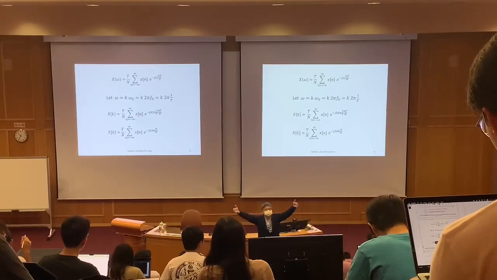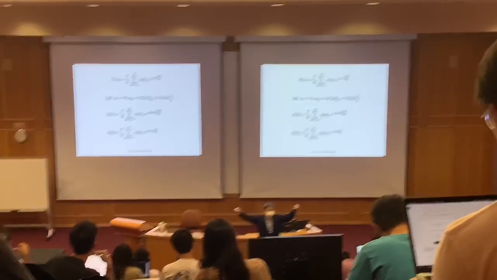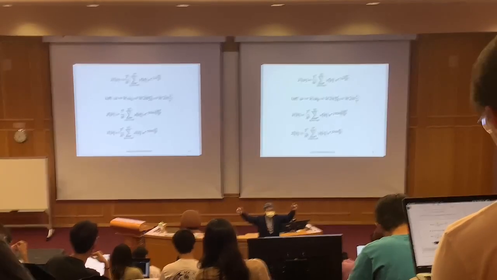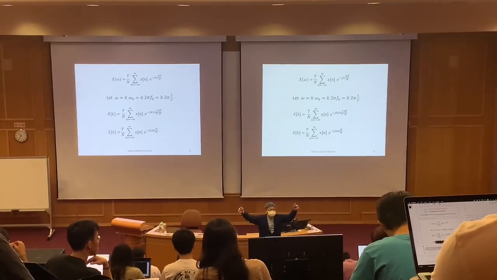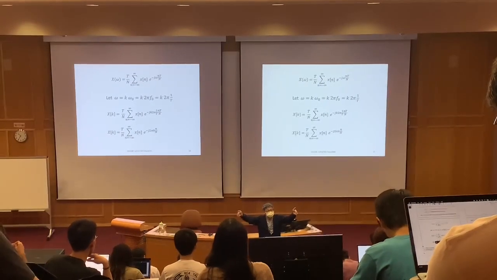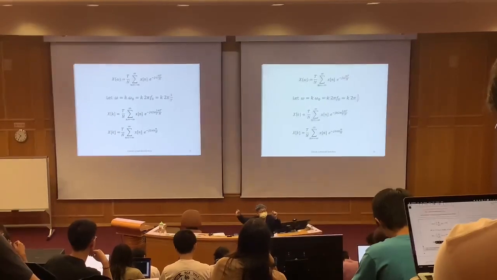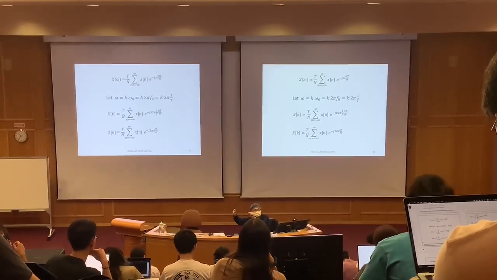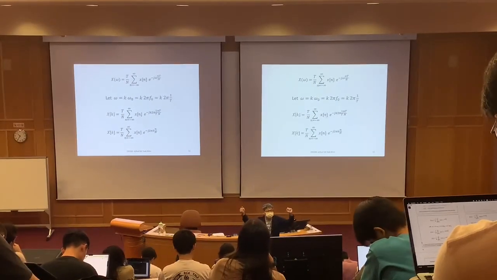Big N is the size of the array, the total number of points within the period. And small n is the index, the position of the time within that array.